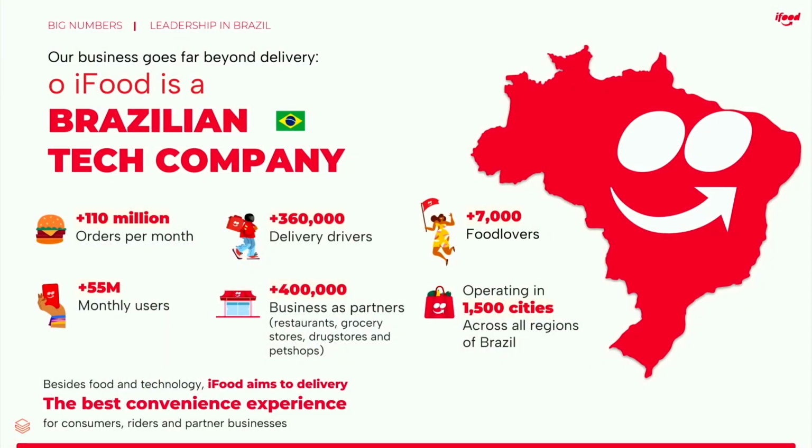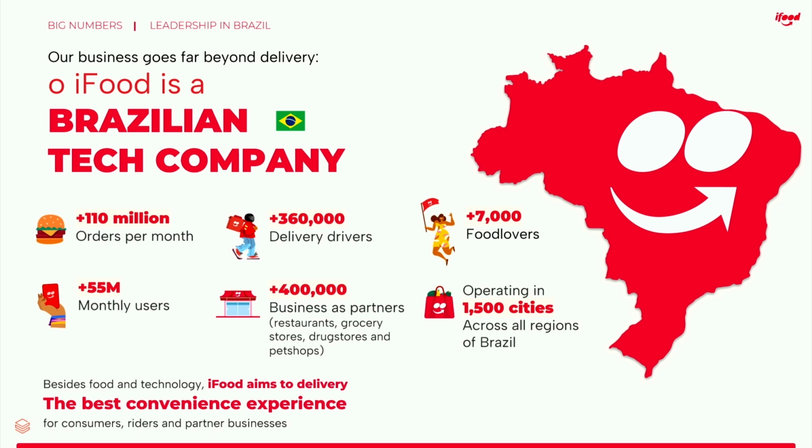So before I start talking about data governance, I'd like to take 2 steps back and introduce you to iFood. iFood is a Brazilian tech company, and we are not only a delivery company, we are pioneers in Brazil to connect people to meals and to create this very seamless customer experience.